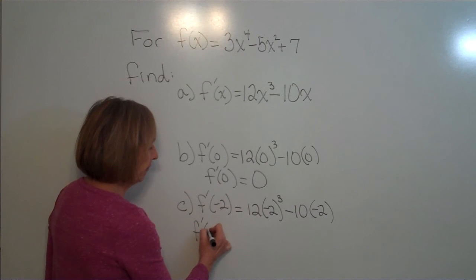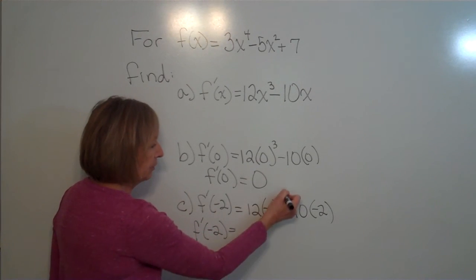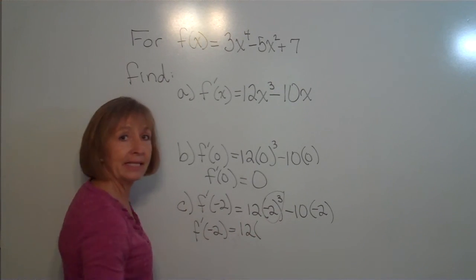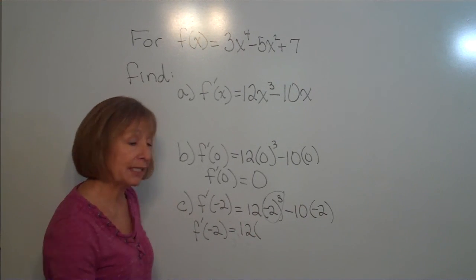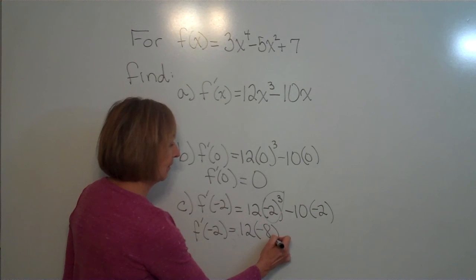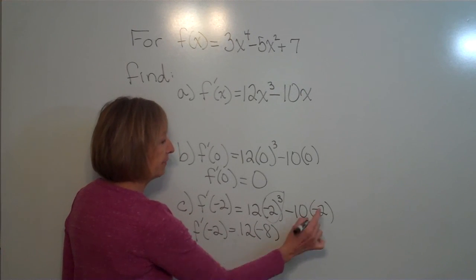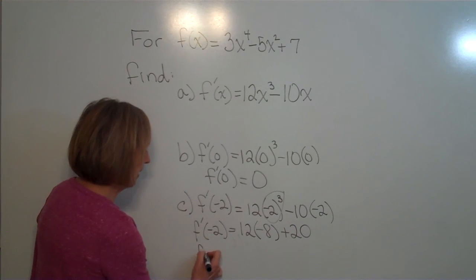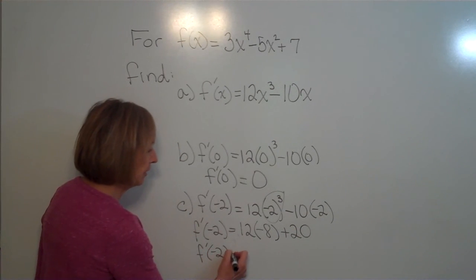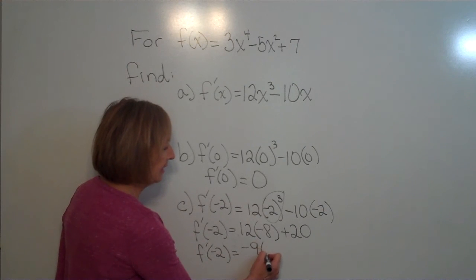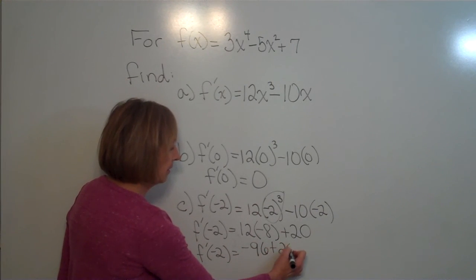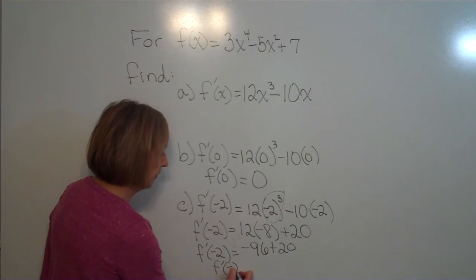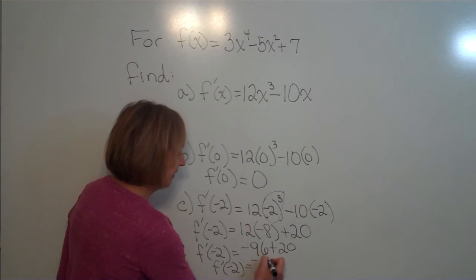So my f prime of negative 2 is equal to, look at your exponents first, so that's 12 times negative 2 cubed is negative 8, and then negative 10 times negative 2 is plus 20. So I get my f prime of negative 2 is equal to negative 96 plus 20. Our f prime of negative 2 is equal to negative 76.